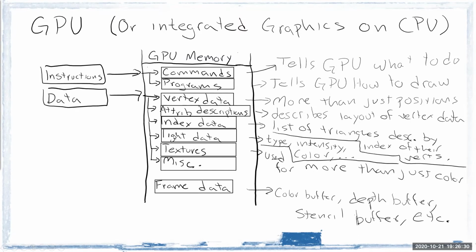Light data usually is passed into the GPU separate from all of the vertices, even though the way that the light affects the objects will be different depending on where they are. The lights often won't change position. So all we need to do is have that set of data for all of the scene's geometry. It doesn't need to change for each different geometry. And so we pass it in separately.